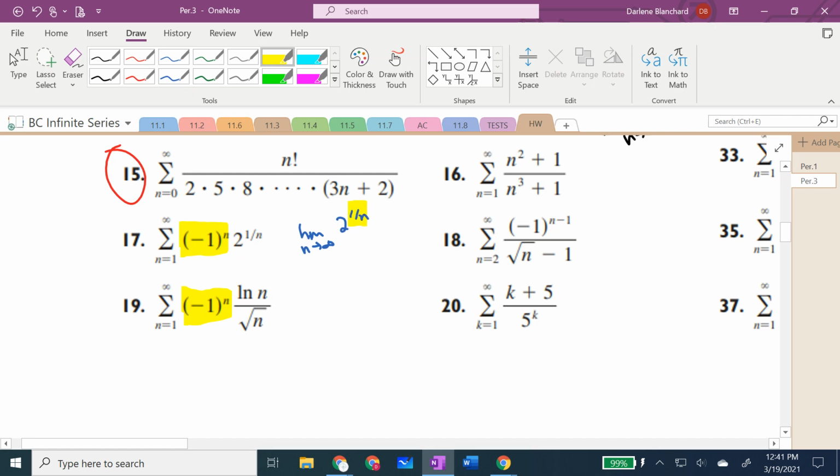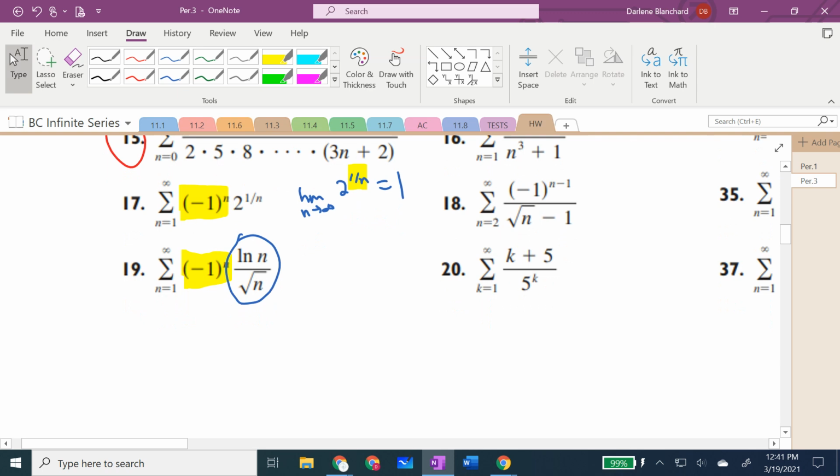If n heads to infinity, 1 over n heads to 0, 2 to the 0 is 1. Oh, man. AST, you're not useful. But this one, if you think about it, as n heads to infinity, logarithm grows infinitely slower than a root grows.